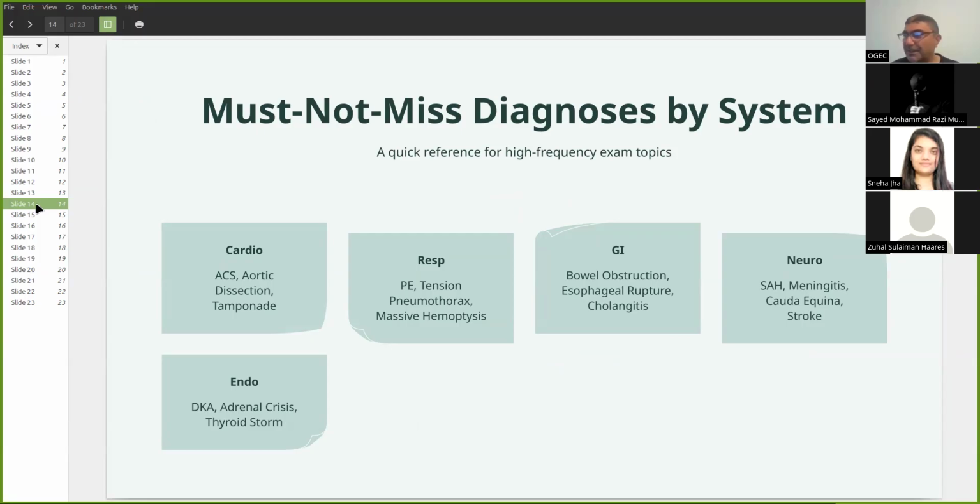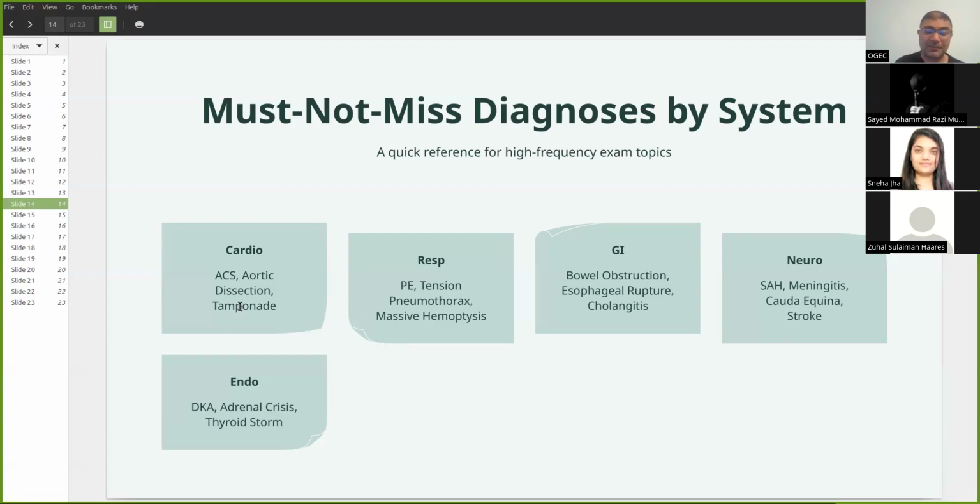Okay, so these are the must not miss diagnoses by system. It's a quick reference, a quick example. For example, in the cardiovascular system, acute coronary syndrome, aortic dissection, cardiac tamponade, these are the must not miss diagnoses.